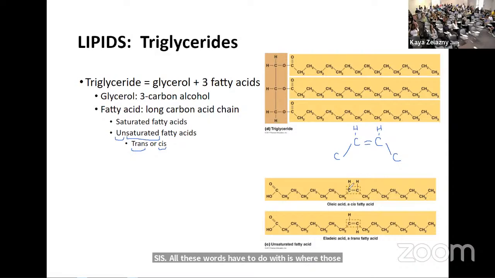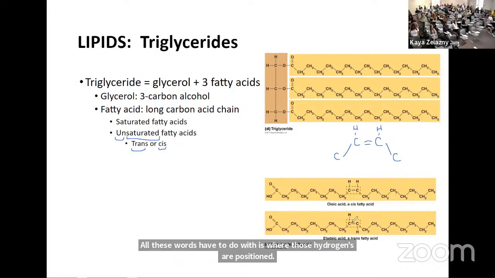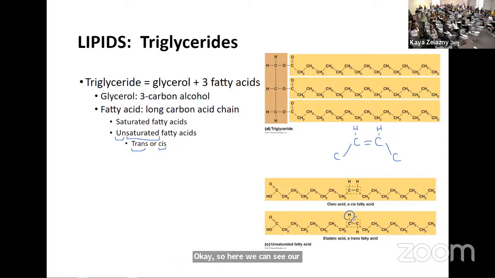Here we can see our trans fats have those hydrogens around the double bond on opposite sides. So trans is going to be that opposite. The cis fatty acids, they're on the same side. So this is talking about the shape of the molecule and specifically the location of those hydrogens.